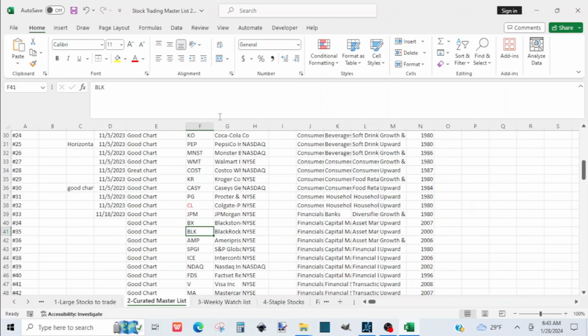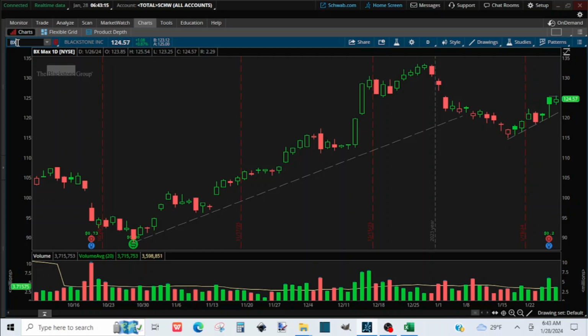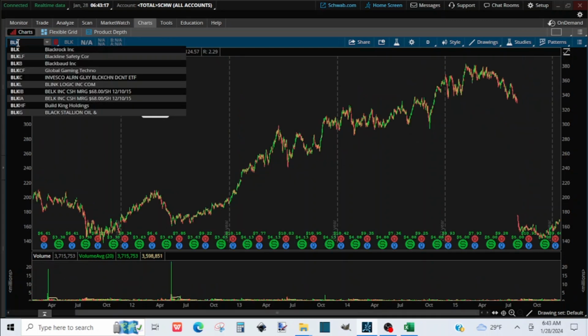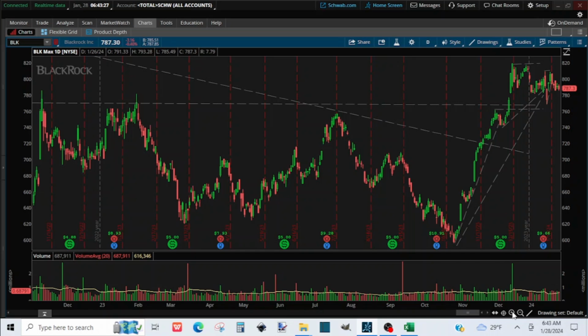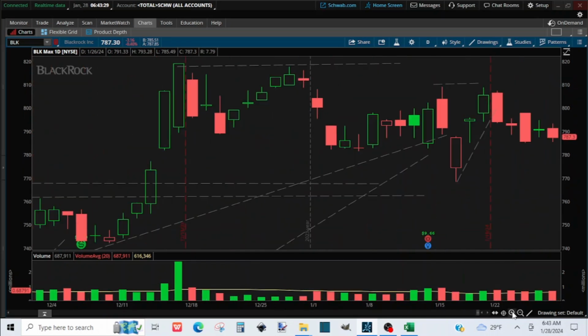The next one is BLQ. And BLQ, I traced it already, so it started a new trend.